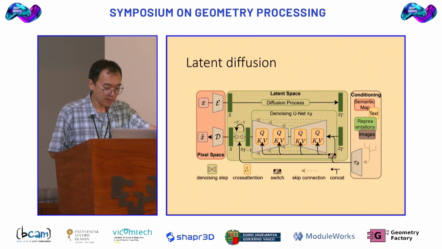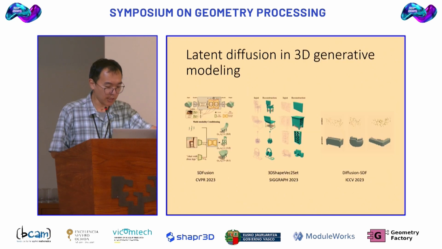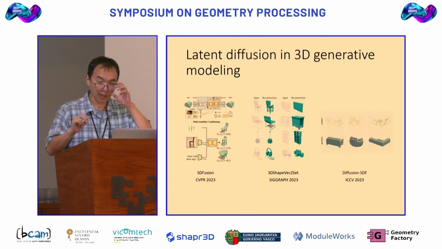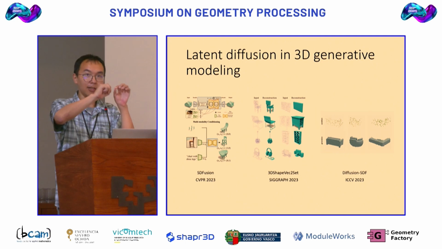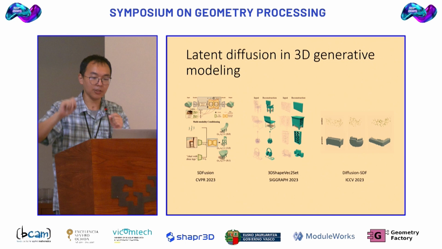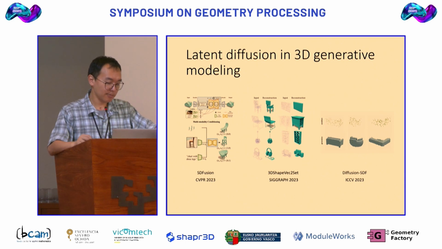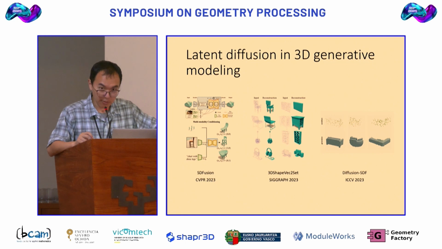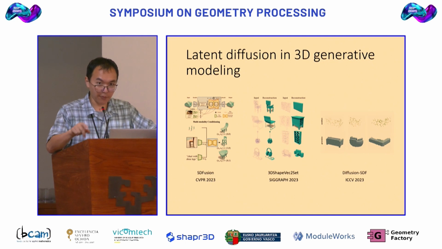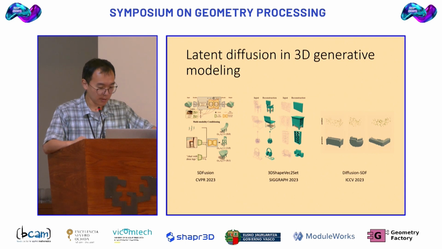Whoa, we can train an implicit decoder, right? We have a latent code, we decode it into an implicit shape. Then in the latent space, we can train a diffusion model that maps a Gaussian distribution to the distribution of latent codes of the training shapes.